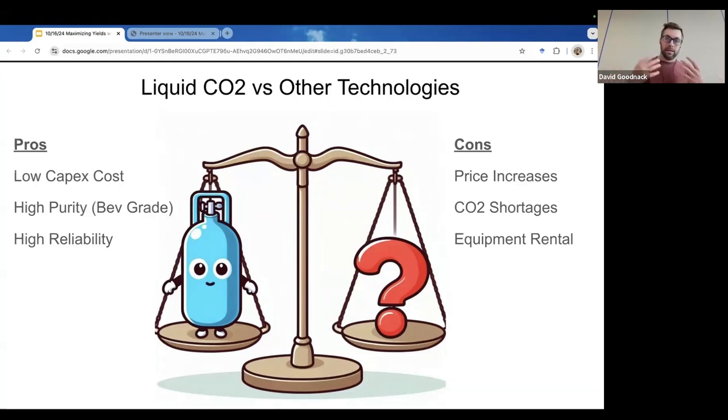That's all. Companies that I work for will truck it in from 3 states over to make sure you never go without CO2. So there are companies that will do that. You will pay more, though, in those moments of force majeure. And then ongoing equipment rental. Once you have a tank on site, you're always going to pay that rental, whether you have it for 10 years or 20 years. So I'd say that's a downside as well.